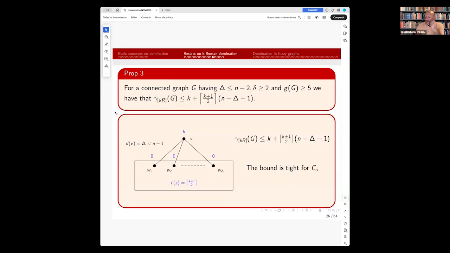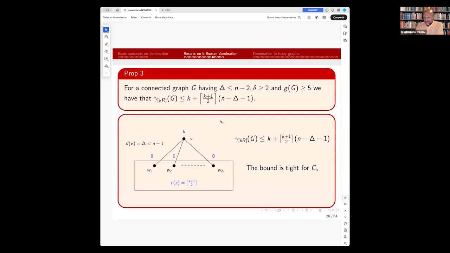Well, we can improve this bound, but to do that, we need to require some condition on the graph in terms of the minimum and maximum degree, or even structural parameters like the girth. In the next result, if we have a graph with minimum degree at least 2, and we know that the girth is at least 5, we can improve a little bit the previous bound by the expression we show in this result.